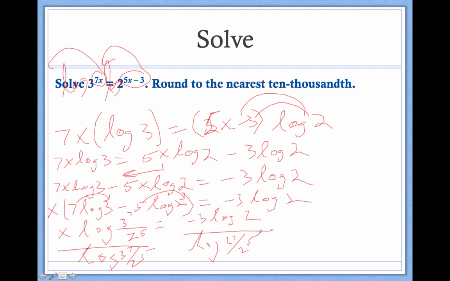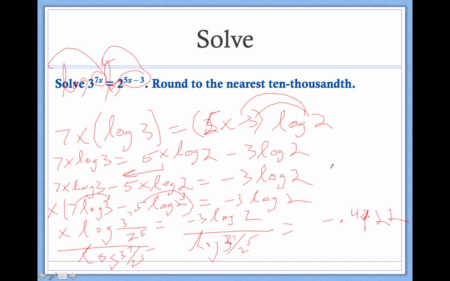My writing on there is terrible. I put that into the calculator, and I get negative 0.4922.